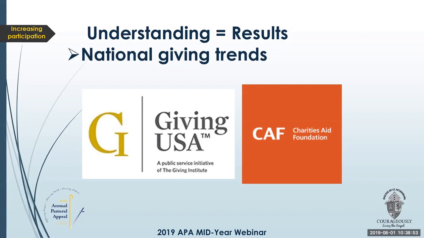I used several sources to get the information. Like I said before, the Giving USA 2018 annual report and the Charities Aid Foundation March 2009 overview of giving in the USA, as well as Gail Perry's Fired Up Fundraising. So here's the big picture of what I took away.